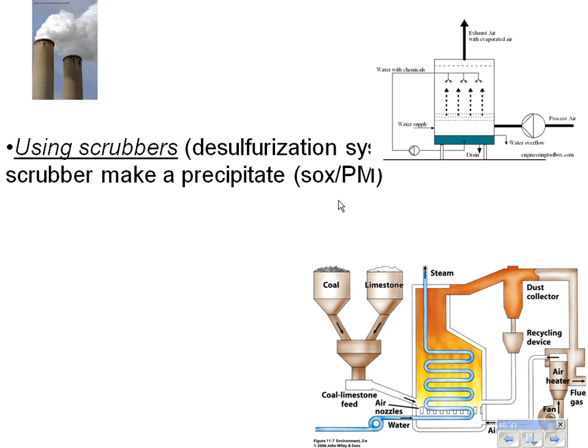So we're able to collect this in a solid form, and then we have to dispose of this solid material. Water with chemicals, we're really talking about limestone here, where calcium carbonate is mixed with water, sprayed down, you can see, through a smokestack, and it helps remove that sulfur.